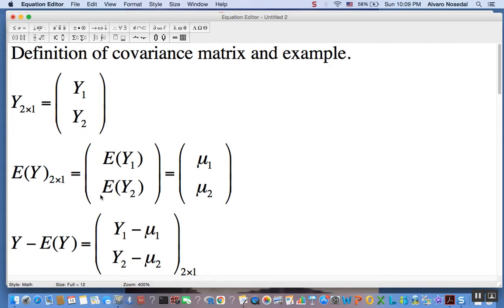So in this case, naturally the expected value of a random vector y must be a 2 by 1 vector, and it's just the expected value of y1, and the expected value of y2 would be the second element of that vector of expected values. Let me use this notation, mu1 and mu2. Mu1 to refer to the expected value of y1, similarly for mu2, expected value of y2.